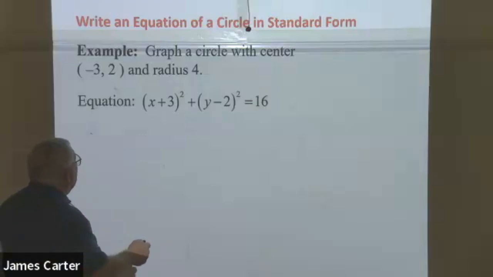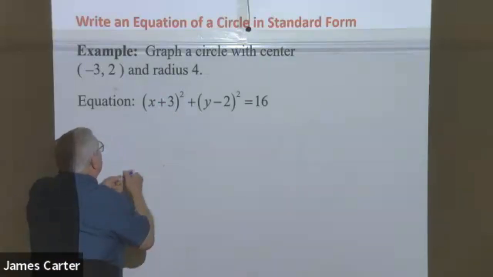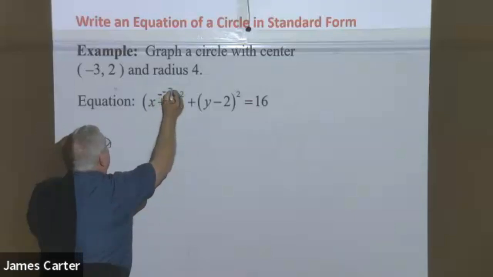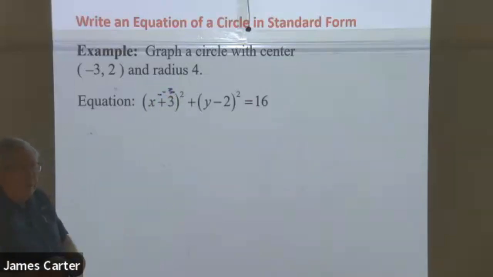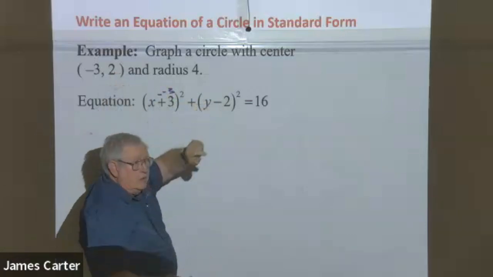Okay? Well, in this case, that's as far as we need to go. By the way, where'd that 16 come from? 4 squared. Yeah, 4 squared. Here's the x value. Now, why is that a plus? Because you were subtracting -3. Here, you're just subtracting a +2.